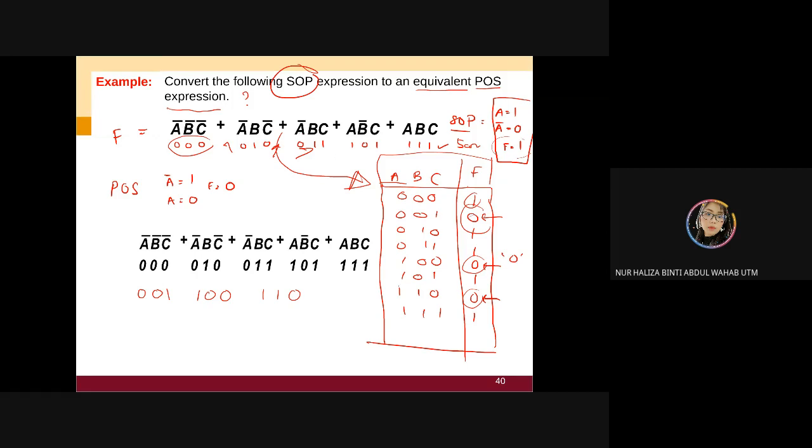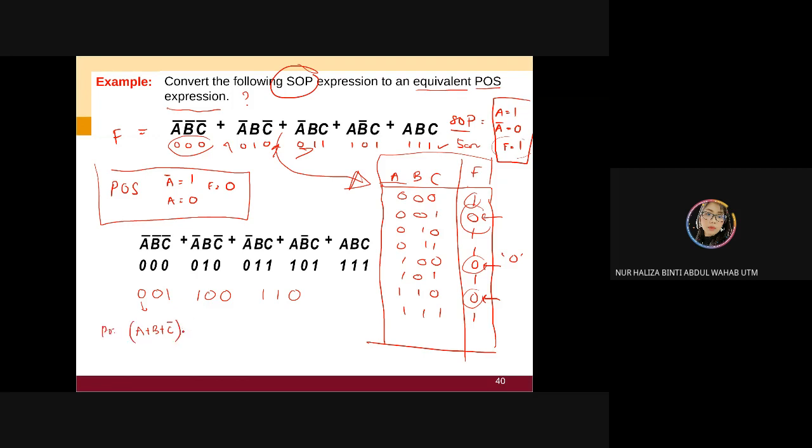After you get the 0 here, what you need to do, you need to follow the POS. For POS, 0 will be A. The bar will be only for 1. So A plus B plus C bar. Multiply.